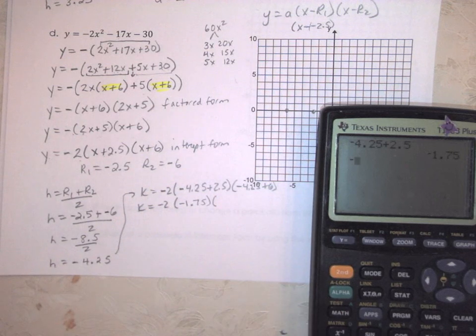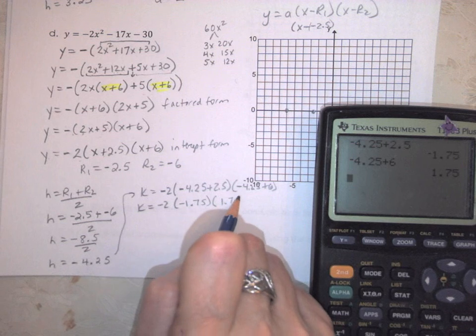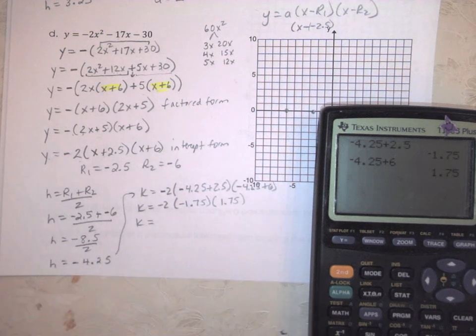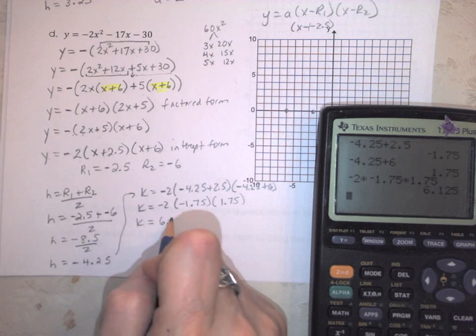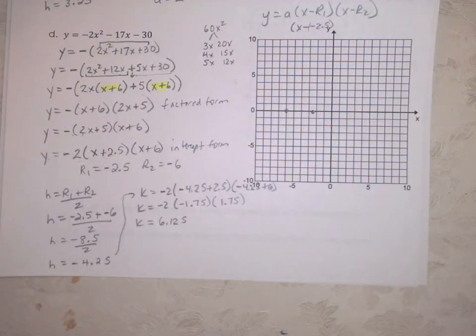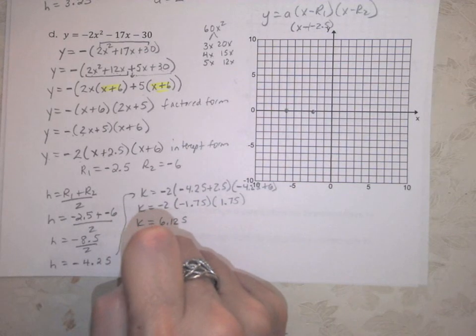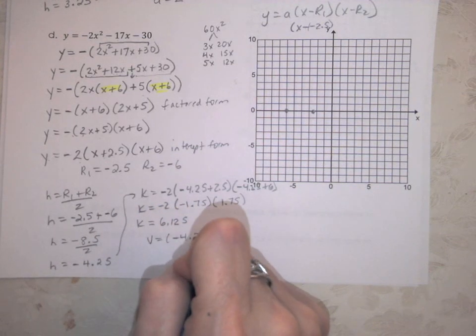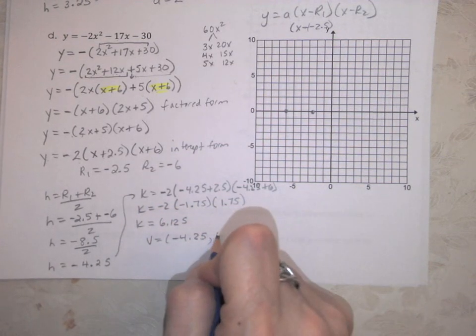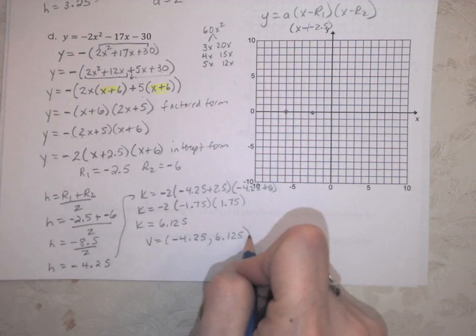And negative 4.25 plus 6 is 1.75. Negative 2 times negative 1.75 times 1.75 is 6.125. So this time our vertex is at negative 4.25, negative 4 1/4, and 6.125.